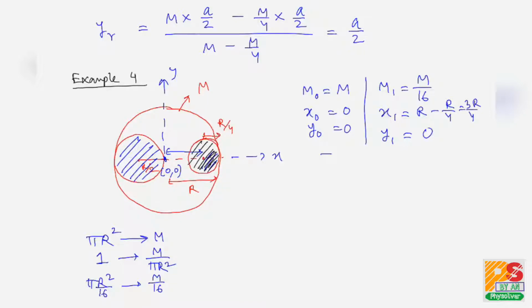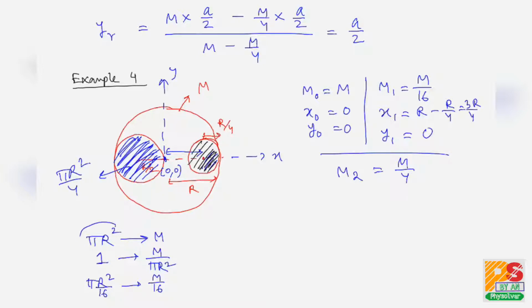Now for the second removed portion, that is the blue portion, this disk, I can say m2 is nothing but m by 4 by using the same method. Here the area of the blue disk is pi r square by 4.